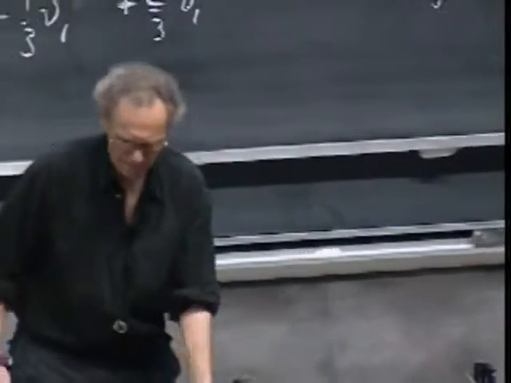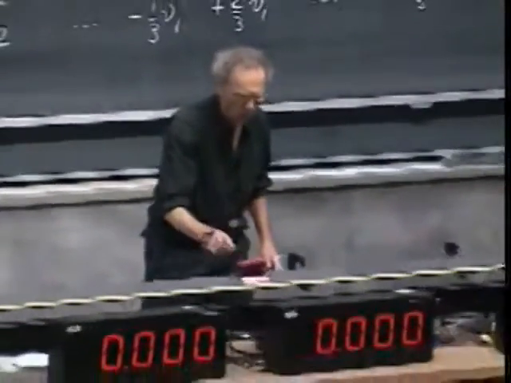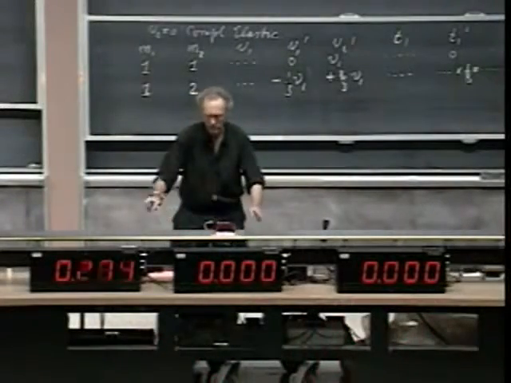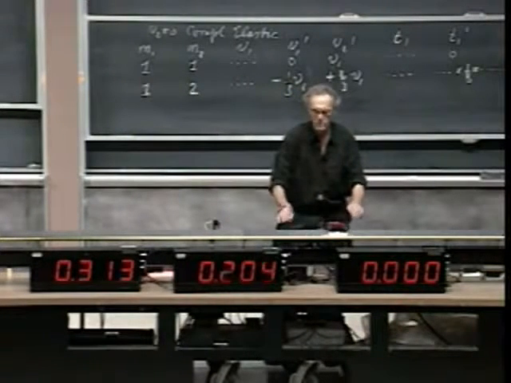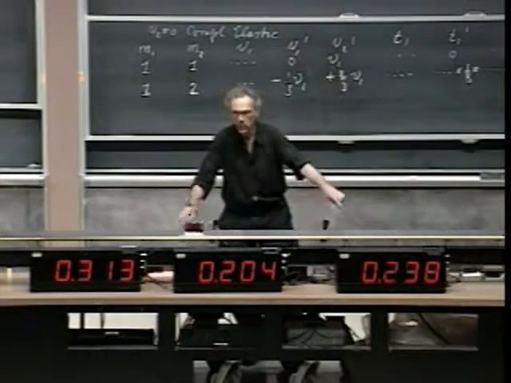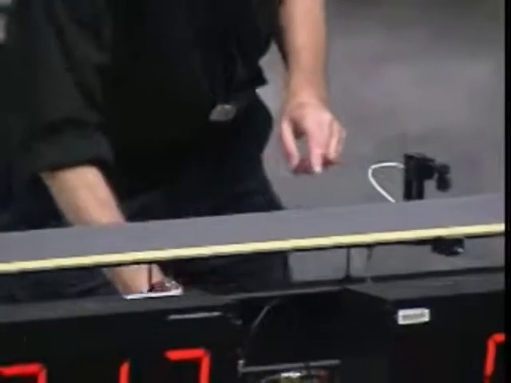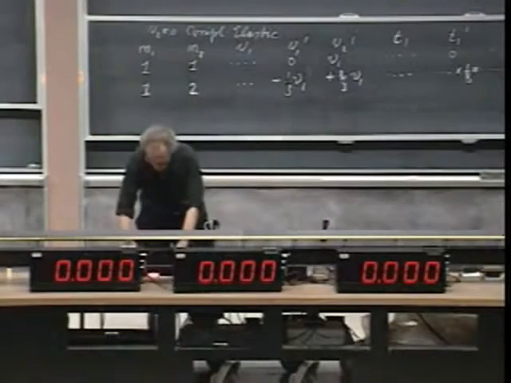I will zero them. First you have to tell me whether they are working. I will just let it go through this slot. Tell me that this one is working. If I send this one back, is this one working? Okay. There we go.